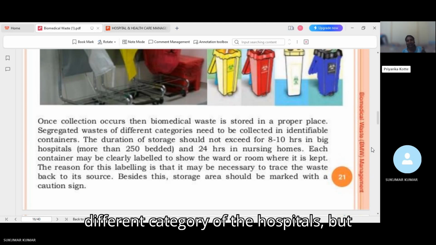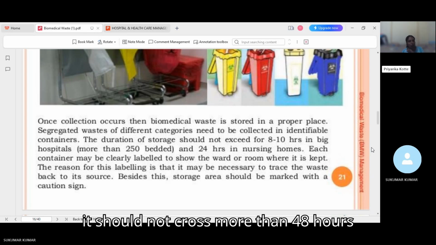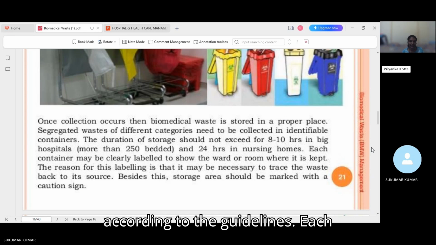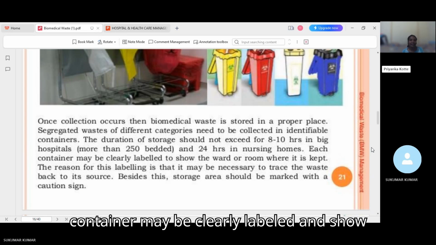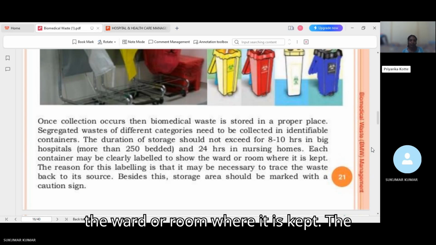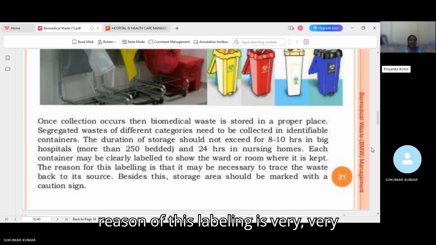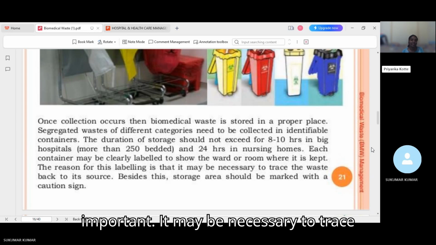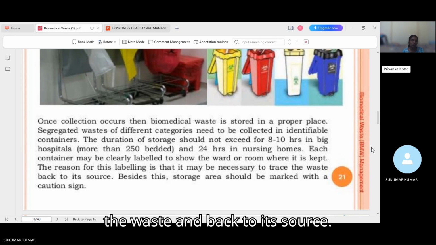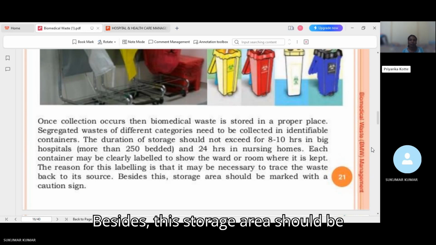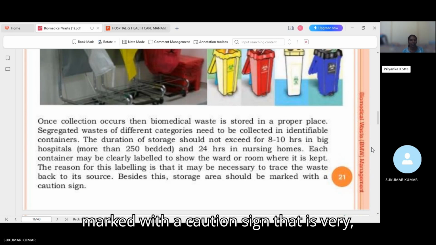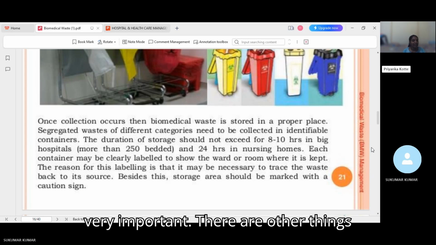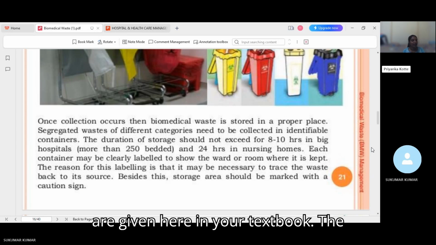Different categories of hospitals are given, but it should not cross more than 48 hours according to the guidelines. Each container should be clearly labeled and show the ward or room where it is kept. The reason for this labeling is very, very important. It may be necessary to trace the waste back to its source. Besides this, the storage area should be marked with a caution sign. That is very, very important. There are other things given here in your textbook.